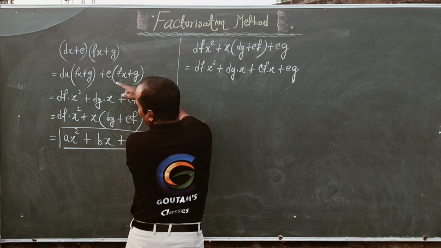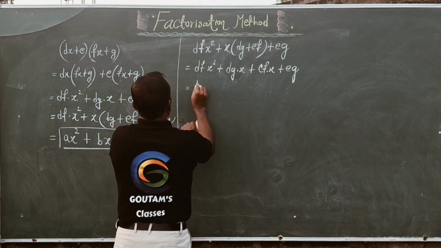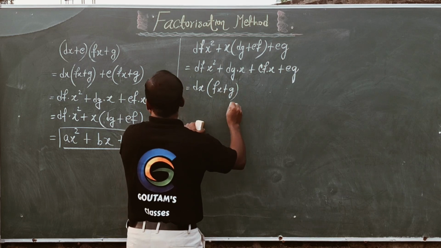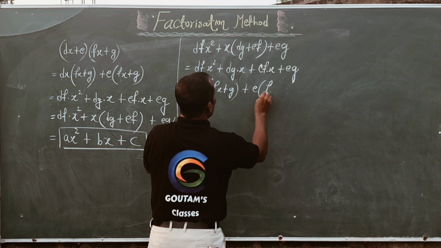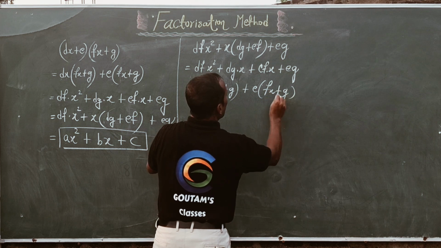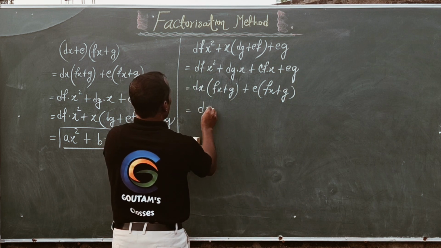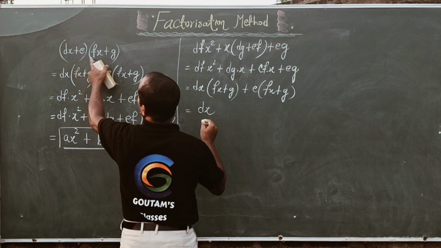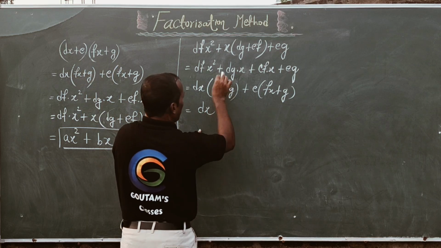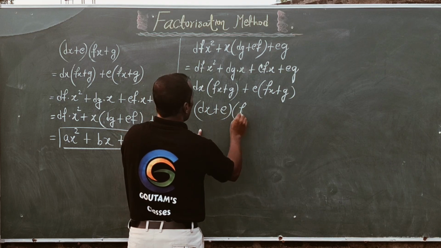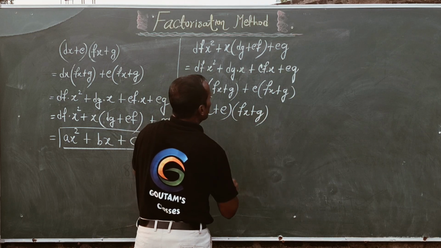You can see in the backward manner, this is our next step. What we have, dx into fx plus g plus e into fx plus g. Clear? Then the final step, which gives the product of the two linear polynomials, the last step of our factorization, dx plus e into fx plus g.